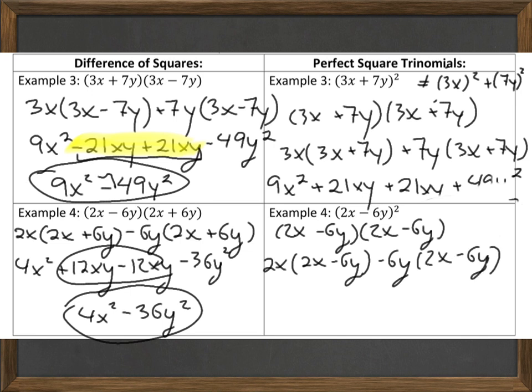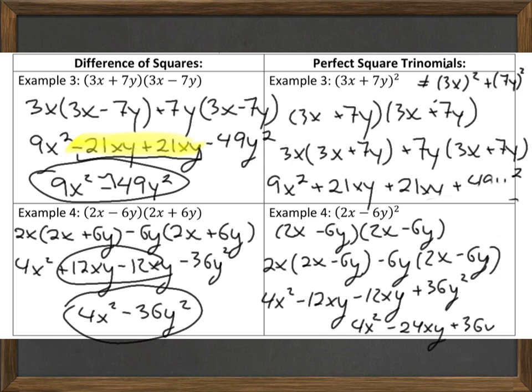Okay, so that's going to give us 4x squared minus 12xy minus 12xy plus 36y squared. So our final answer is going to be 4x squared minus 24xy plus 36y squared.